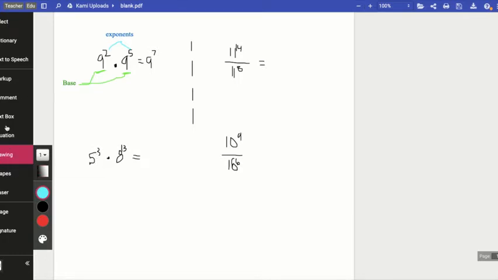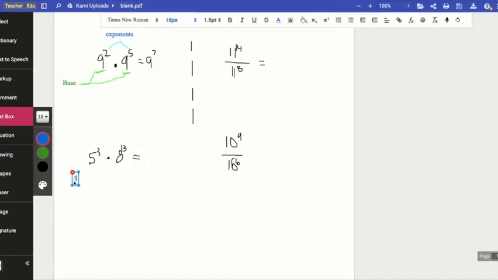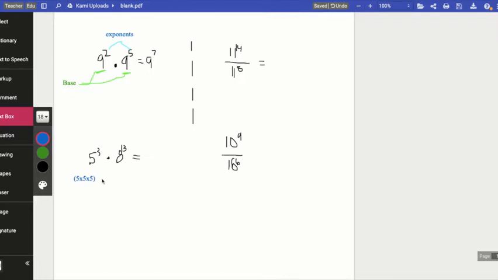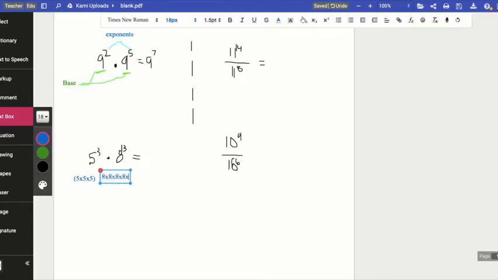This means that I have 5 times 5 times 5, just like from the notes yesterday, and this times 8, oh geez, there are a lot of 8s. 1, 2, 3, 4, 5, 6, 7. I think that's 13, but I'm not for sure, times 13 eights.